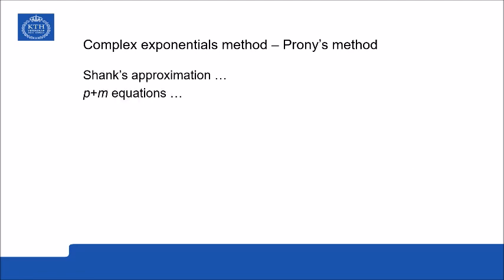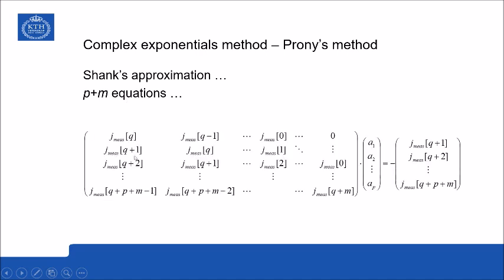In this case we use, for instance, p plus m equations. So the system now reads like this. We have p plus m rows for the p unknown denominator coefficients, so we have an overdetermined system.